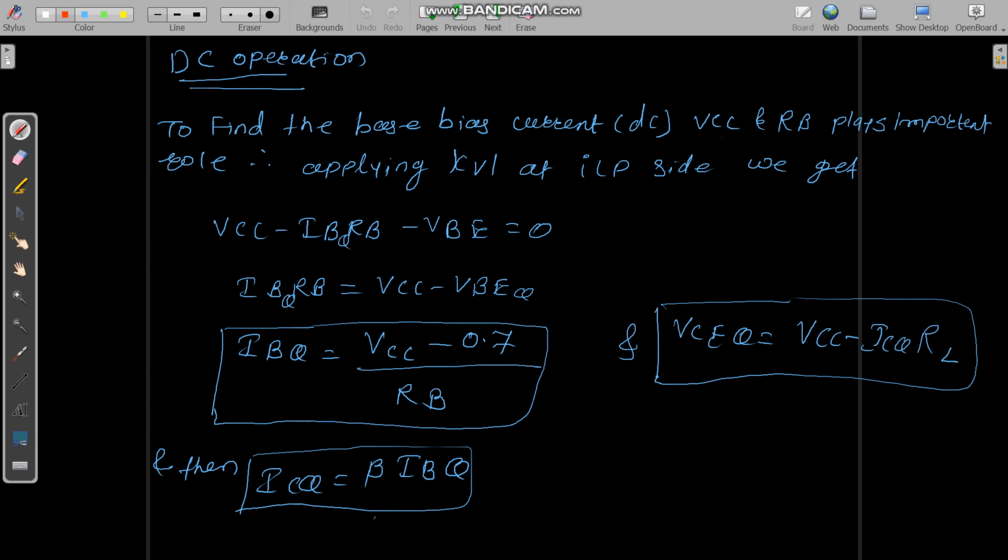And we know that ICQ is nothing but beta times IBQ for a common emitter transistor. So I can write ICQ equals beta times IBQ, and from the KVL at the output side, I got my VCEQ as VCC minus ICQ into RL.